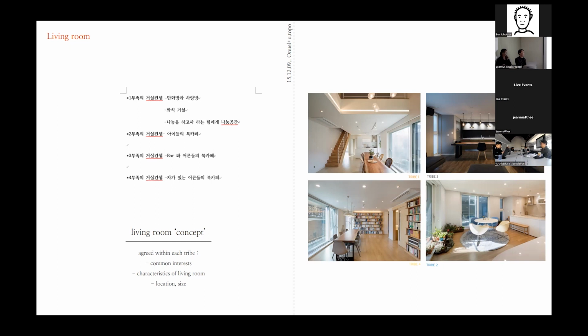Maybe they didn't want to have the children within their living room for some time. And tribe 4 is more or less book cafe with tea, because tribe 3 hasn't got any children within their unit. So that's why maybe they try to express their characteristics into their living room.